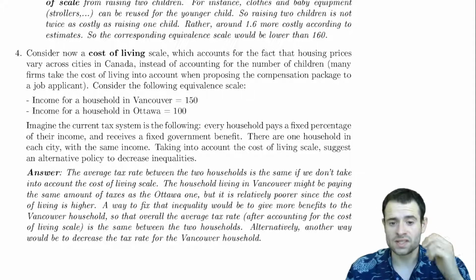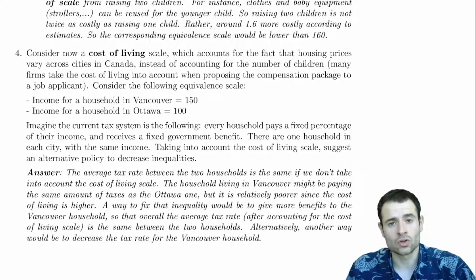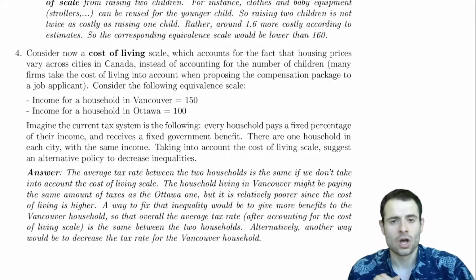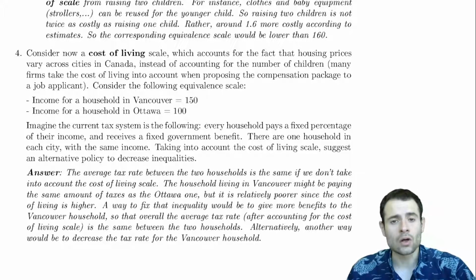So a way to fix this inequality would be to either give more benefits to the Vancouver household so that the overall average tax rate is the same between the two households after taking into account the cost of living. So either you give more back to the household in Vancouver, or you tax the Vancouver household less in the first place.